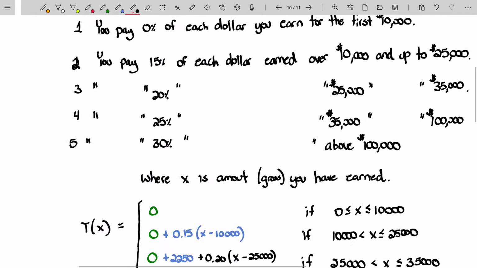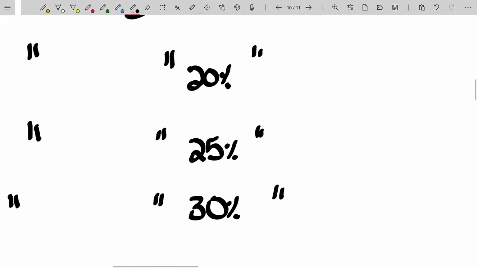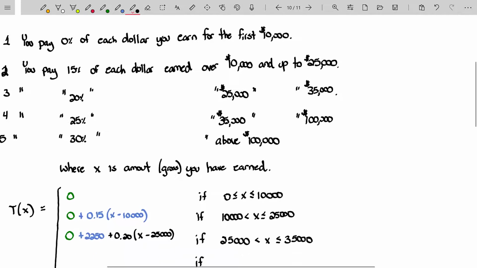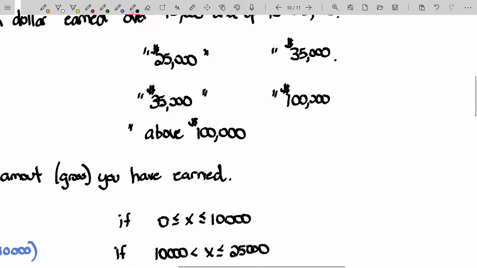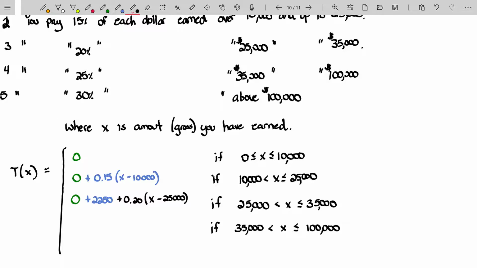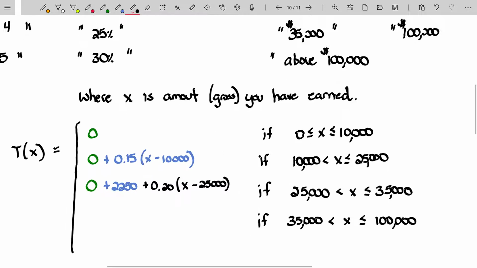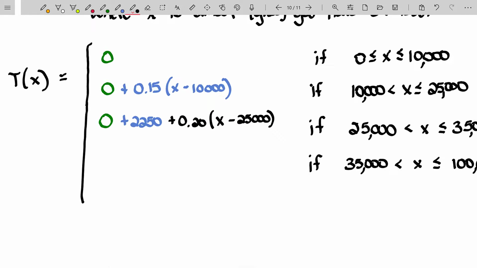The fourth level is the 25% tax bracket, and that goes from $35,000 a year to $100,000 a year. Now again, we enter into this tax bracket already having paid a chunk of money for all the previous tax brackets. For example, for our first $10,000 earned, we pay 0.